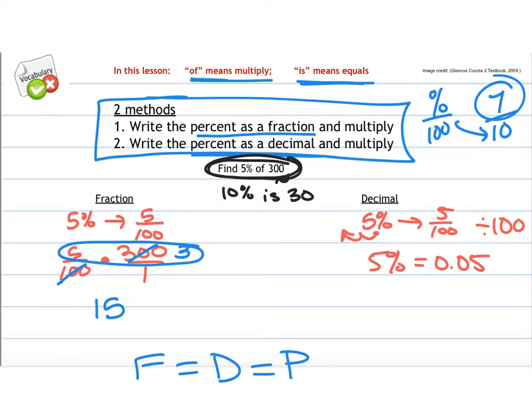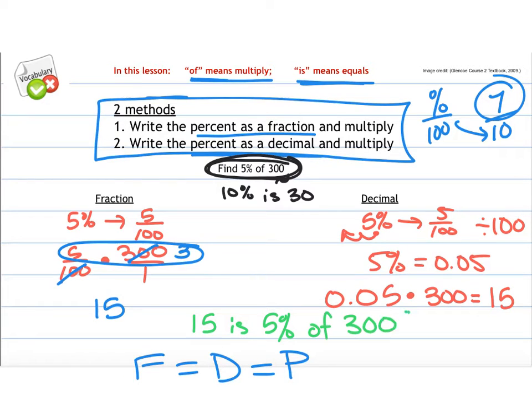So what I'd really do is take my decimal, multiply that by 300, and you can write out the algorithm for multiplication or use a calculator here, and I'm also going to end up with 15. Saying it out loud then, find 5% of 300, that means that 15 is 5% of 300.